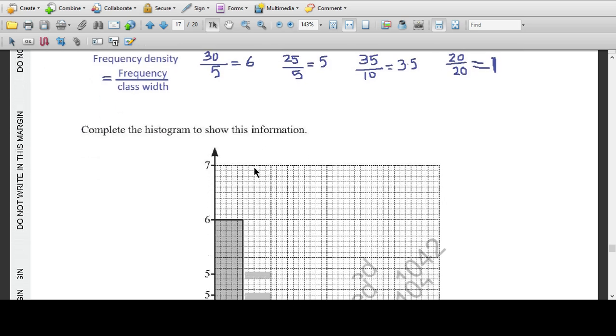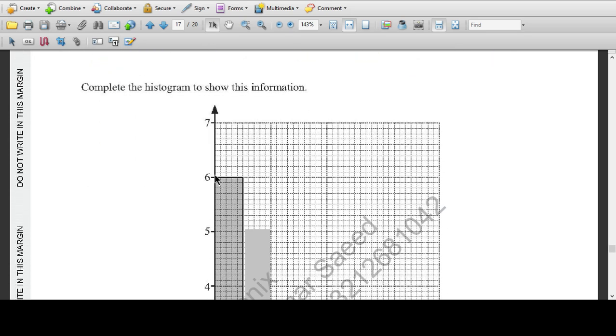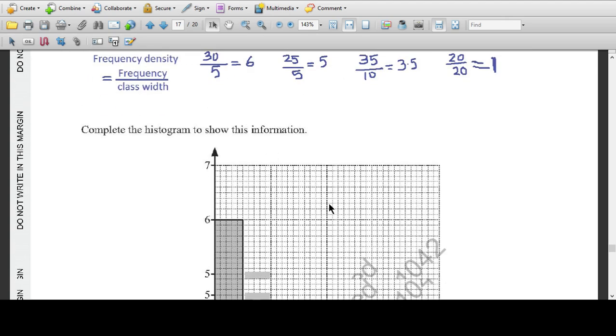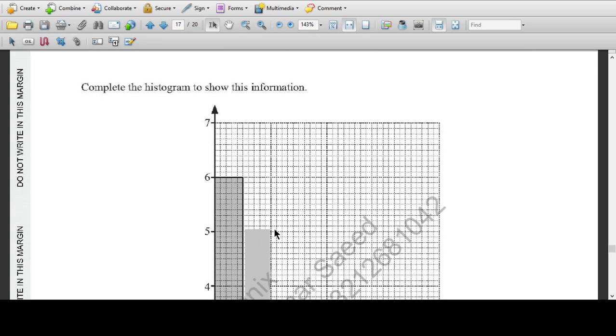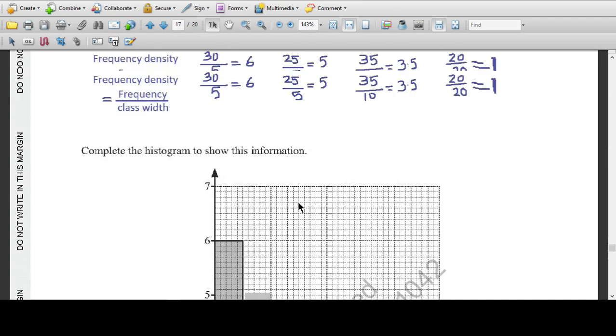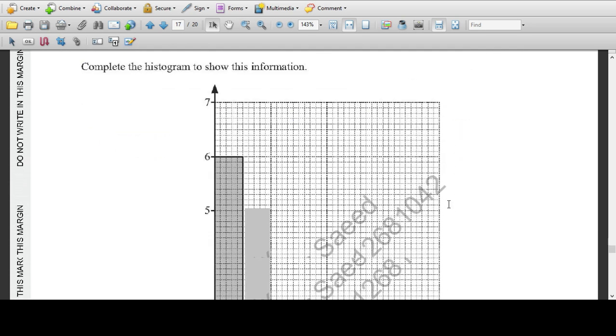So for the first part, the frequency density is already drawn here. For the second, this is 5. For this region, this is 5, and up to here we have 10. From 5 to 10, this is 5. From 10 to 20, this is 3.5.